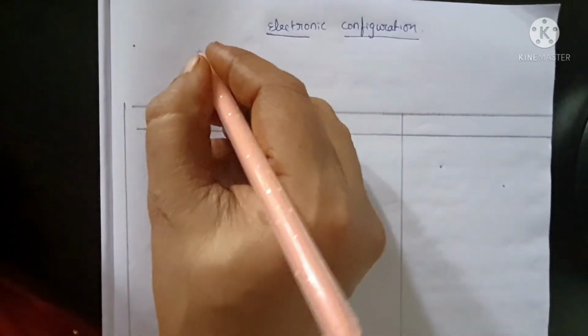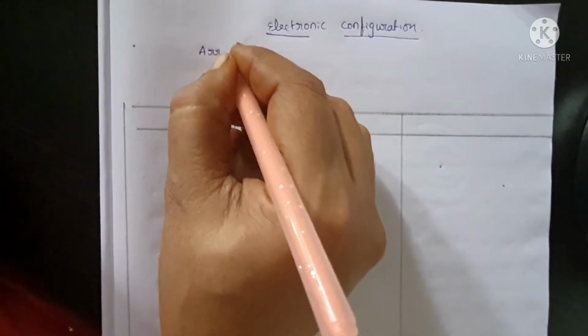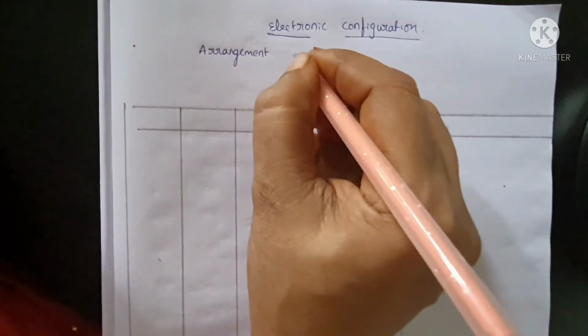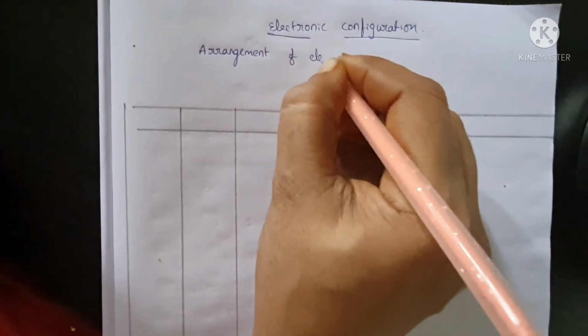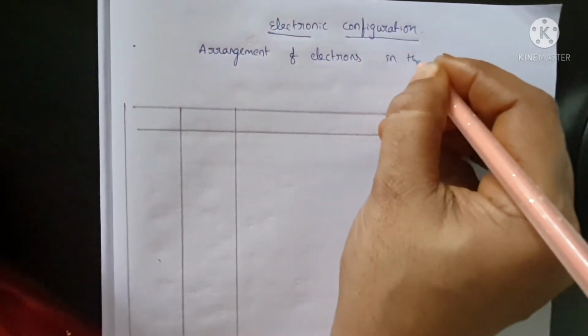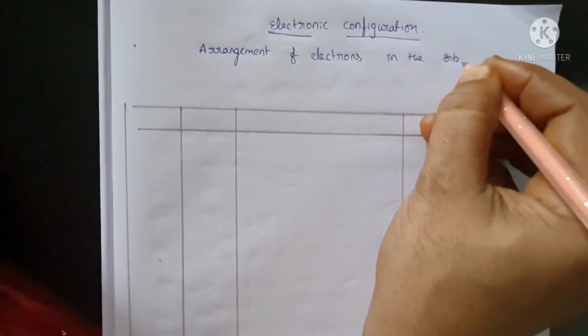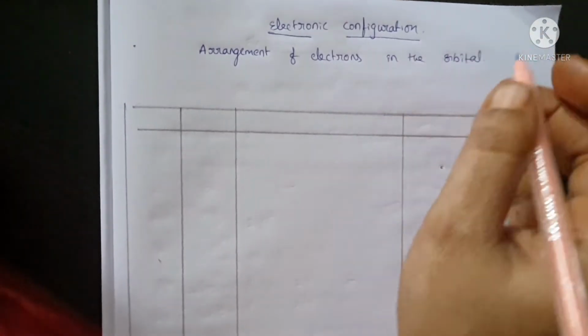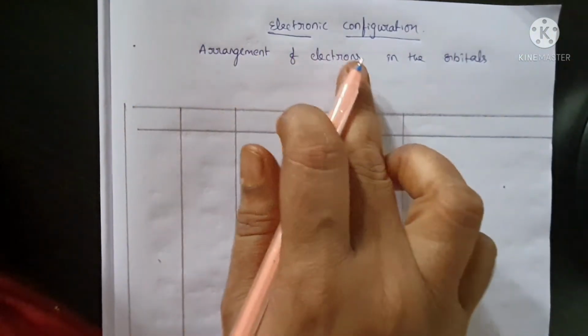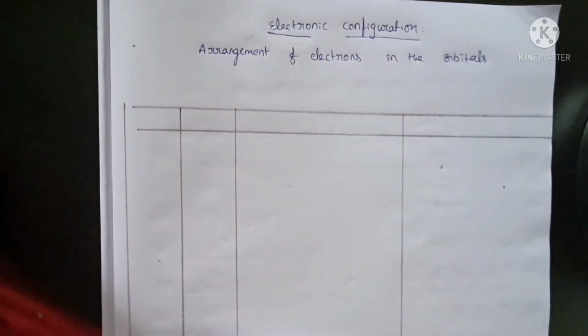What is electronic configuration? Electronic configuration is nothing but the arrangement of electrons in the orbitals.